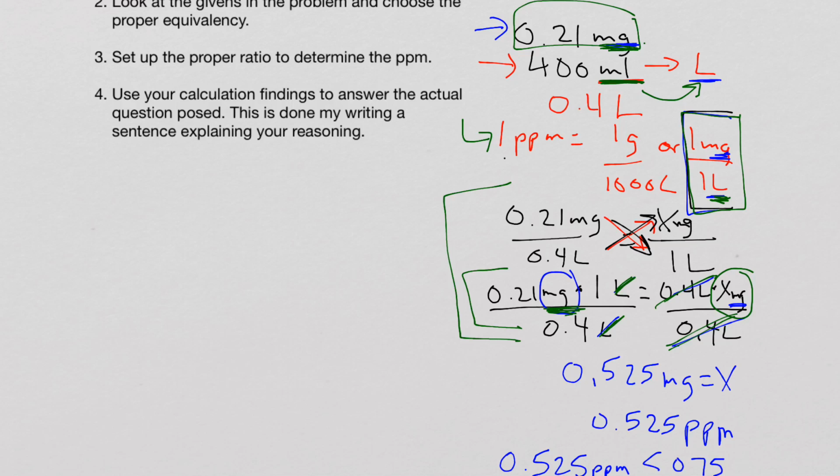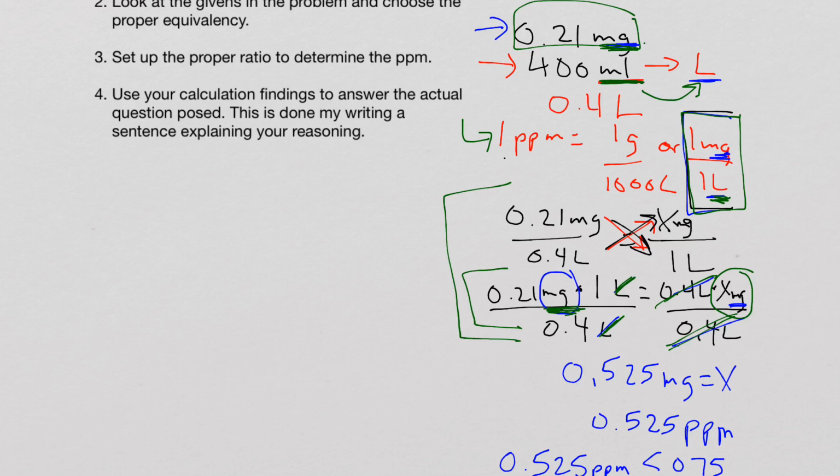And we know that the mealybugs die when there is a minimum of 0.75 ppm. So I have to actually use my calculations and my answers to come up with a solution to the question that was posed. And I have to do this by writing a sentence explaining my reasoning.